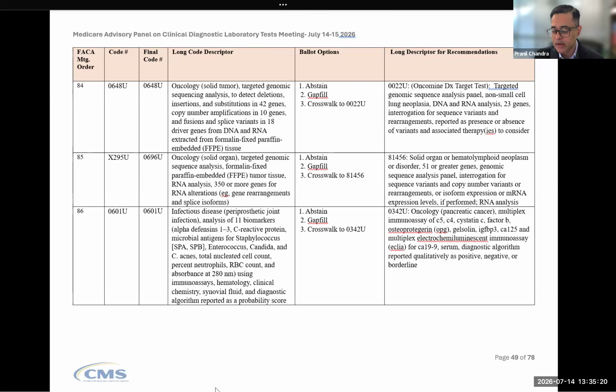So it was very appropriate and commensurate with the resources. And I agree with their recommendation, and that is our recommendation to crosswalk to 81456. Fabulous. Thank you. Do we have any questions from any other members of the panel or from CMS?